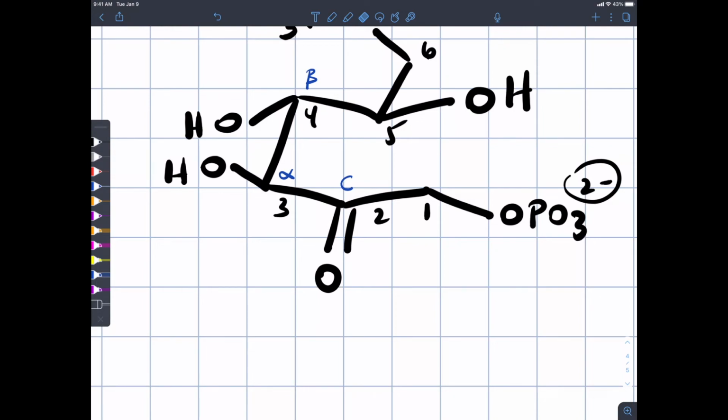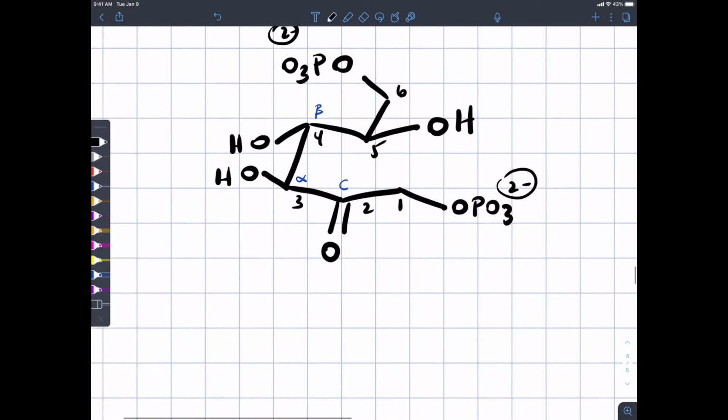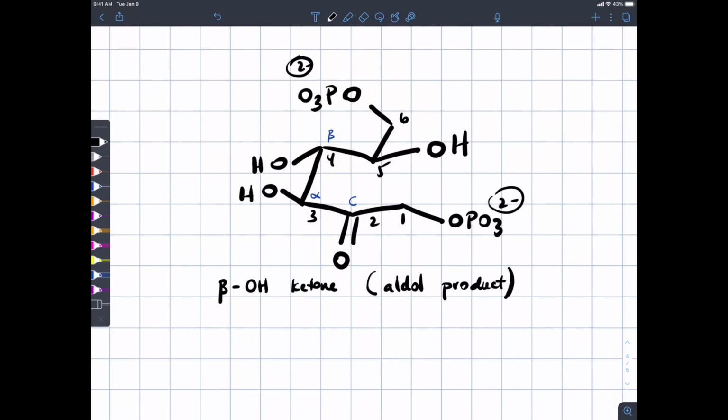And look at what we have on that beta carbon. We have a hydroxy group. So fructose 1,6-bisphosphate is a beta hydroxy ketone. Or in other words, we could have gotten this from an aldol reaction. Let me highlight the beta hydroxy group.